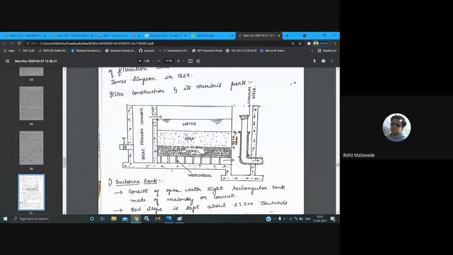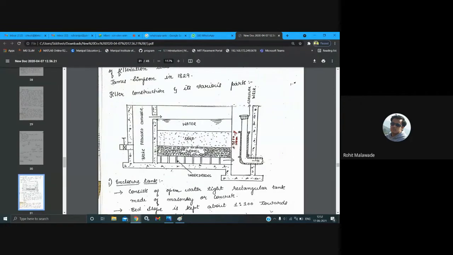Since the pores are there, the water is going to pass immediately. But if it has some particles, they are not going to pass through these pores; they get arrested in the pores. This is how we remove the fine suspended particles in the water.